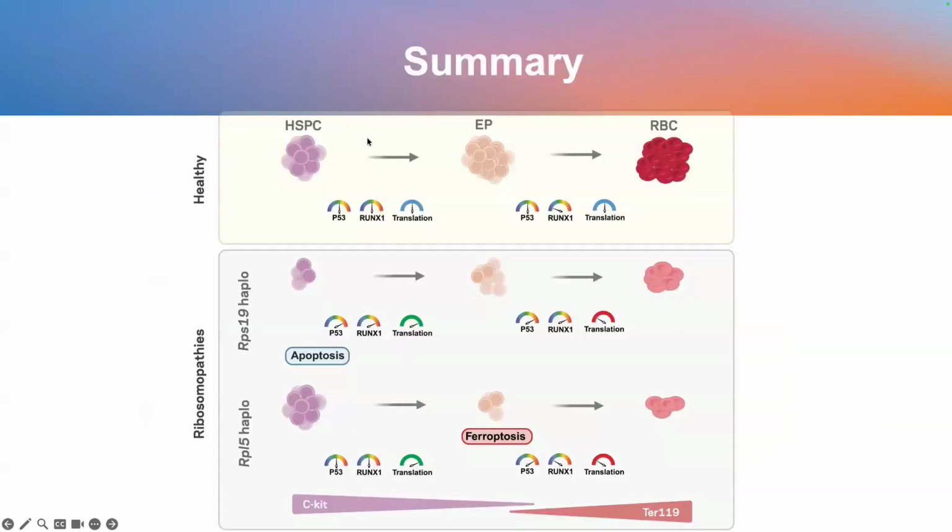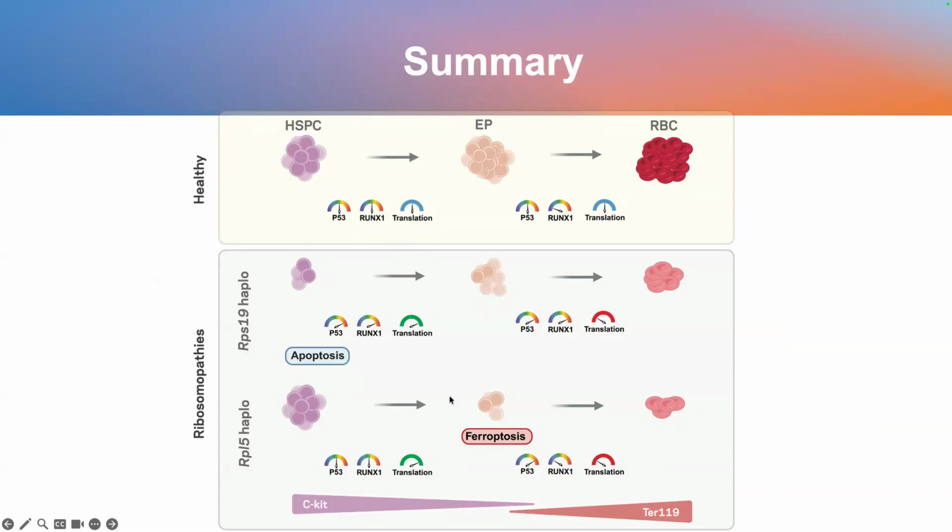In summary, before I talk about cancer for the last 2 minutes, what we think is that from the HSPC to the EP to the red cell, you expand your pool of progenitors and your pool of red cells.